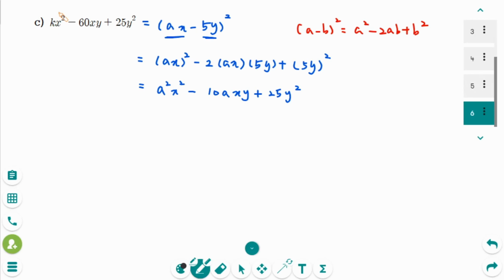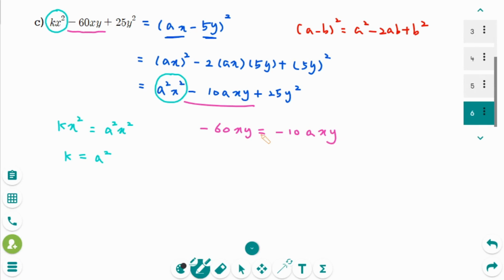The first term is the same as the first term. So kx squared is a squared x squared. Then think about the coefficient. So k equals a squared. Keep this one. Then compare the middle term. So minus 60xy is the same as minus 10axy.